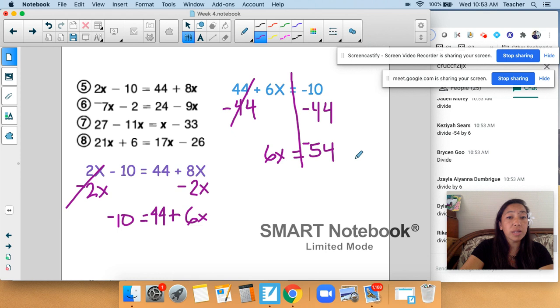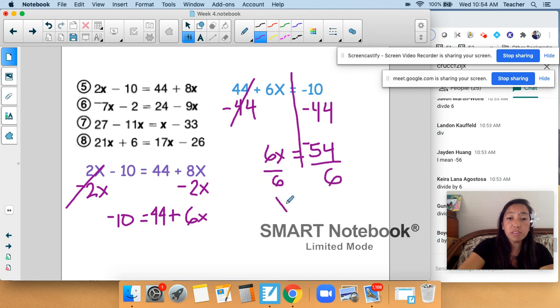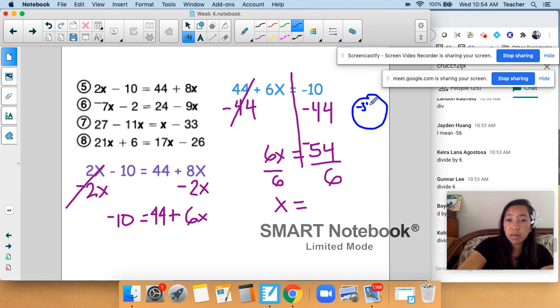Okay, so yes, we want to divide, very good, by a positive 6. That leaves us with x is equal, and we have a negative divided by a positive. Don't forget about Dopey Man, right? I could throw in my negative 54 here. That's a 54, not 34.